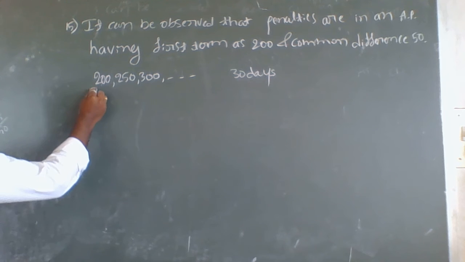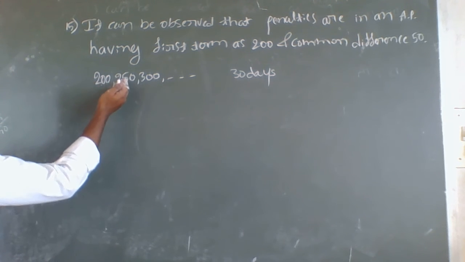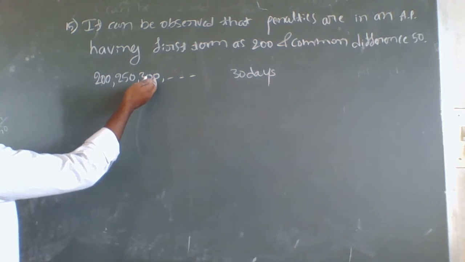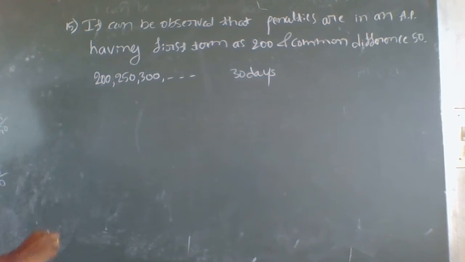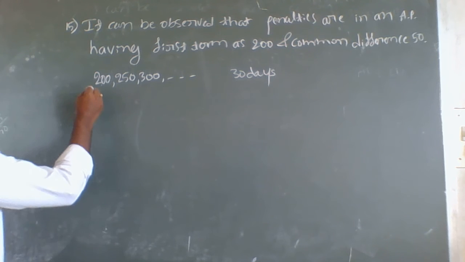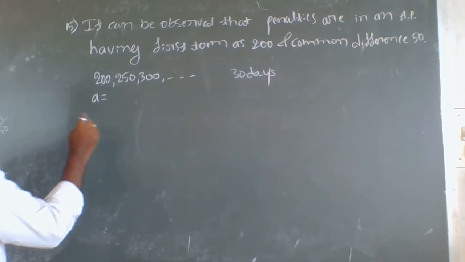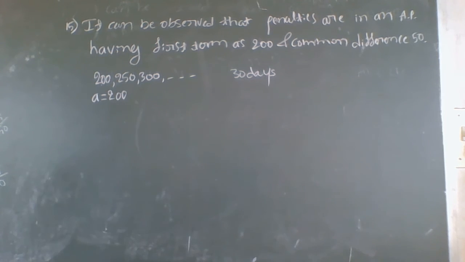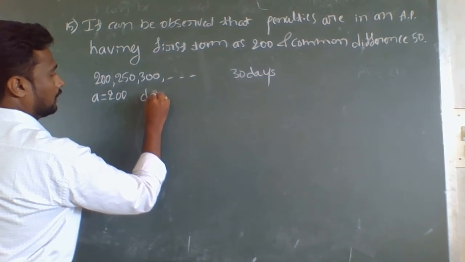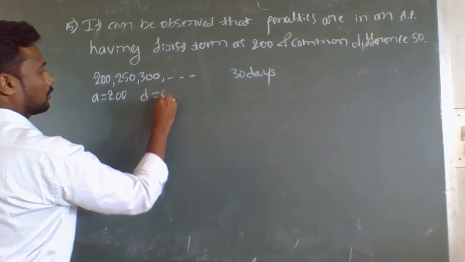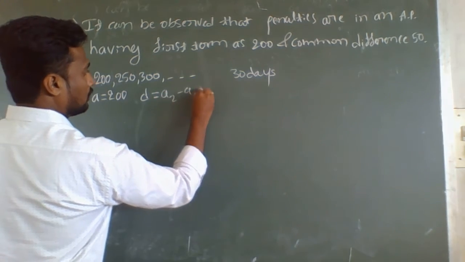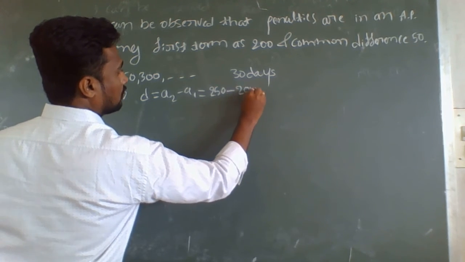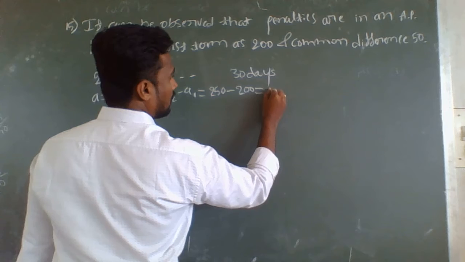So here, I can write the AP as 200 for the first day, next it is 250, for the next day again it is 300. So now I can write the a value. What is the a value here? 200. Right. Now I can calculate the d value. How to calculate d? a2 minus a1. a2 is 250 minus a1, which is 200, is equal to 50.